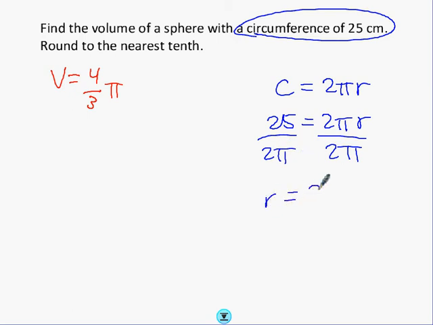So the radius is 25 over 2 pi. I would probably approximate if I were you, or if you'd like a more exact answer, you can plug all of that into your calculator. Do not make the mistake of thinking these pi's cancel out, because the one on the bottom has to get cubed. But just get that in the calculator correct, and you'll have the correct answer.